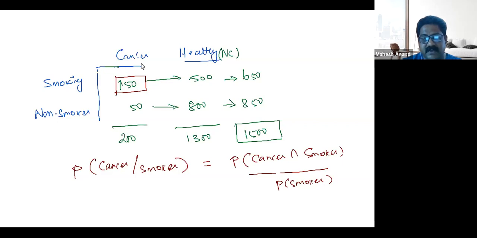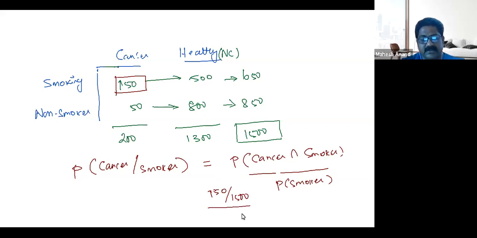A person having cancer and being a smoker, 150 records, that is the intersection, the common part. So in the numerator I substitute 150 out of 1500.